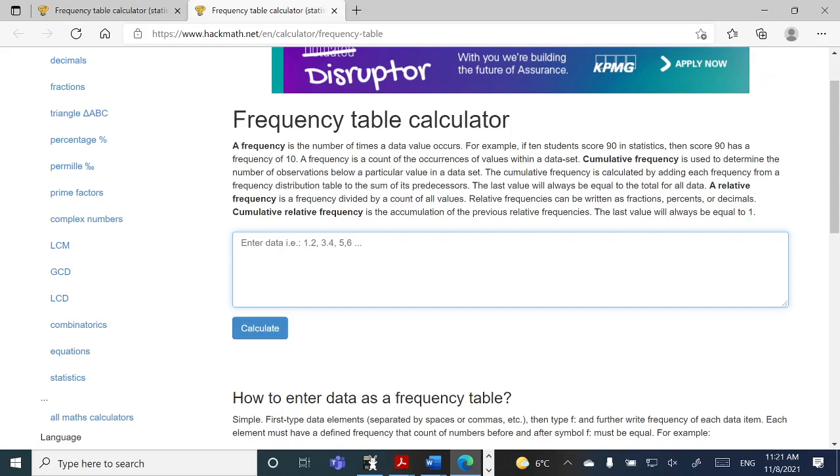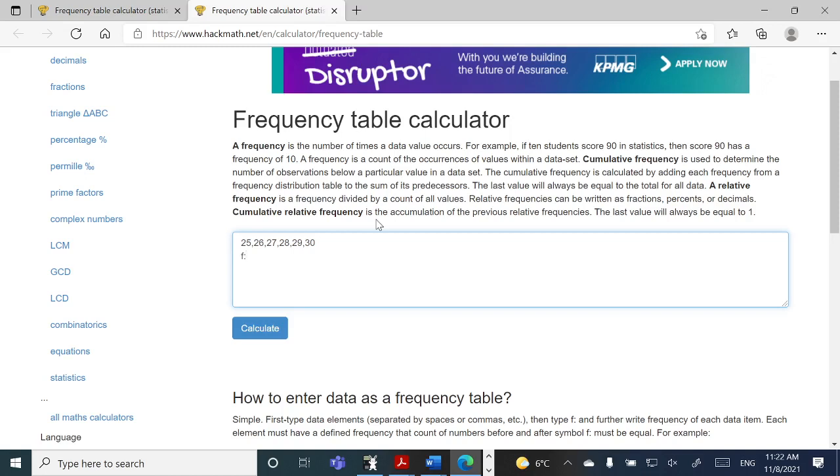So the data that we're looking at is the data points 25, 26, 27, 28, 29, 30. And then you hit enter, and on the next line, you have to tell it that these are frequencies. So you type in F, and then a colon, and then you type in what the frequencies are.